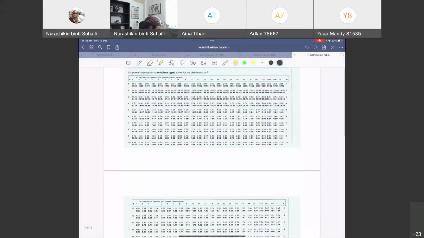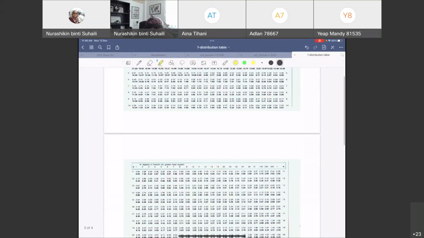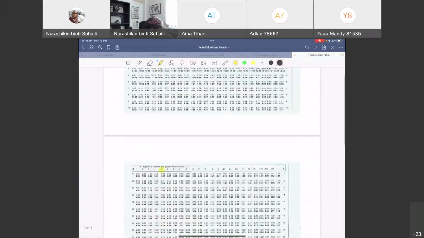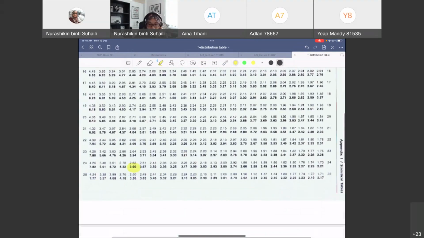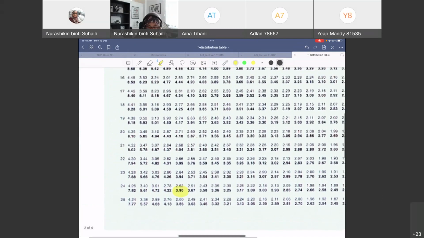Okay, so this is the full version. So we have to refer just now to 1%, 5, and 24. Okay, it's here. So this is the value. Okay. So the F critical is 3.9.